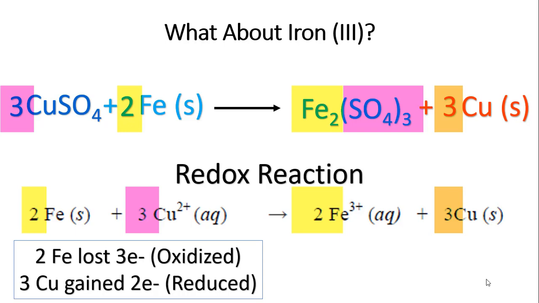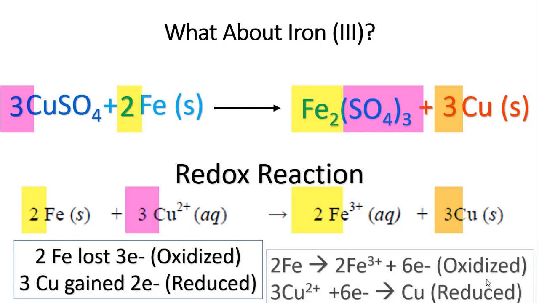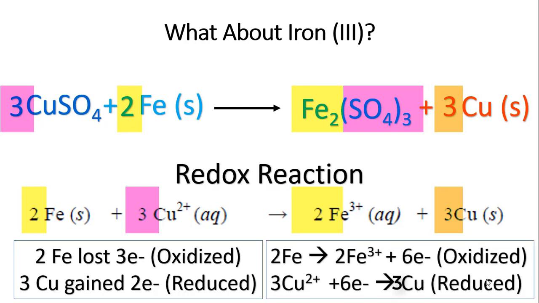So when you look at the redox equation based on those coefficients, 2 irons lost 3 electrons each, and then 3 coppers gained 2 electrons each. So there was an exchange of 6 electrons, right? And so we can write that as the half equation, where you have 2 irons, and then that goes to 2 atoms of iron in the +3 oxidation state, and both of those atoms lost 3 electrons, so we have +6 electrons.